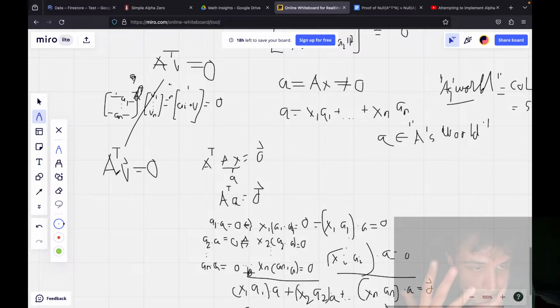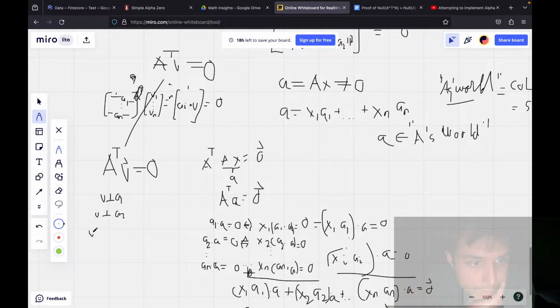And then this v is orthogonal to a1, a2, all the way to an. So basically v is perpendicular to a1, v is perpendicular to a2, and so on for all the a's.